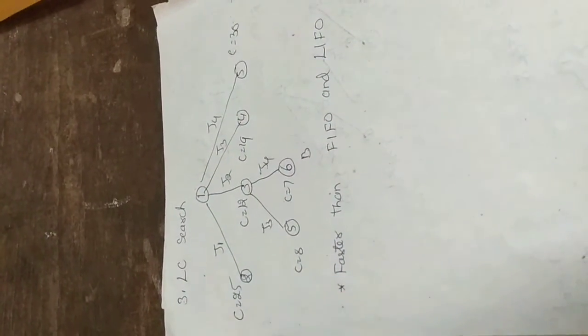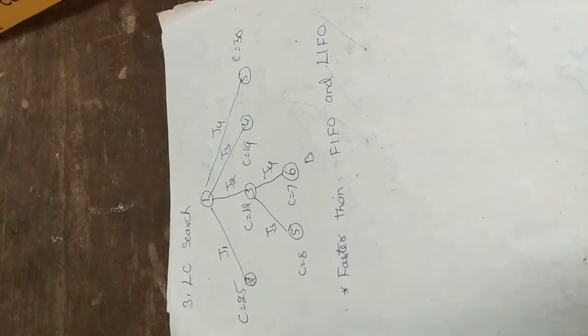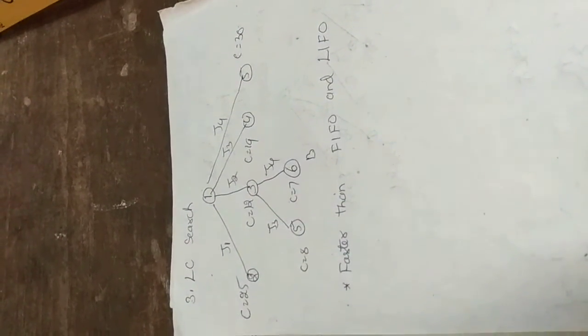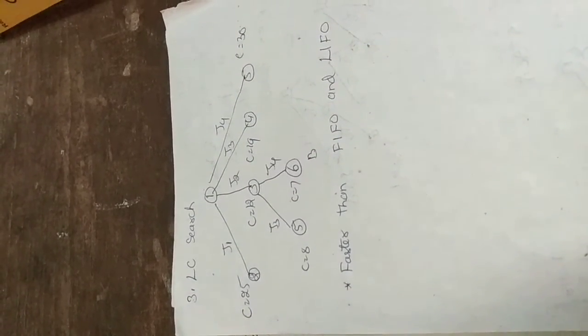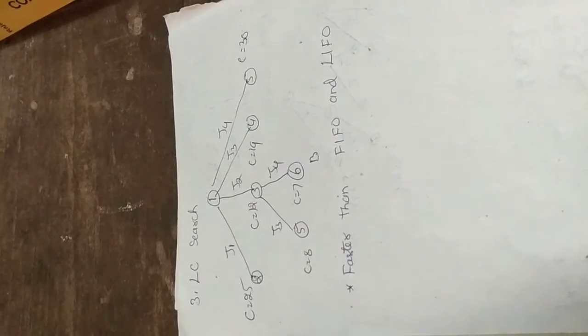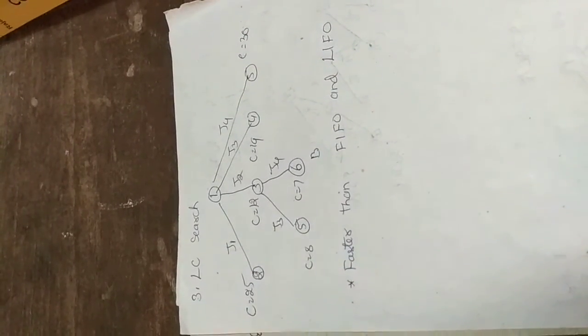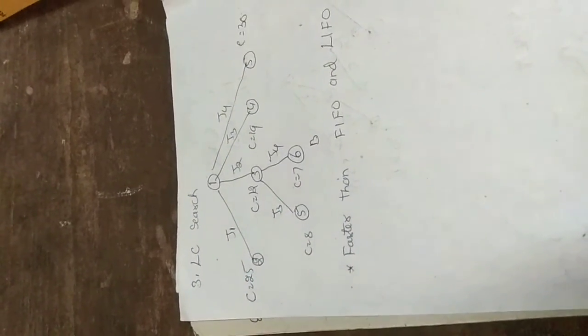Some costs have been assigned randomly to nodes 2, 3, 4, 5. Using FIFO we would start with 2, and with LIFO we would go with 5. But since it is a least cost search, we can observe that the minimum cost is given to node 3, where C equals 12. So node 3 is going to be explored next. So this is about branch and bound.